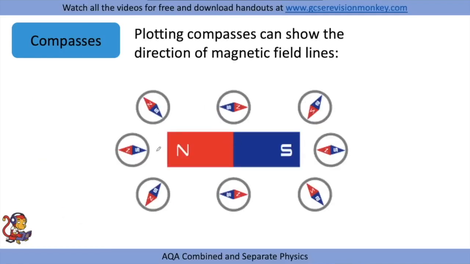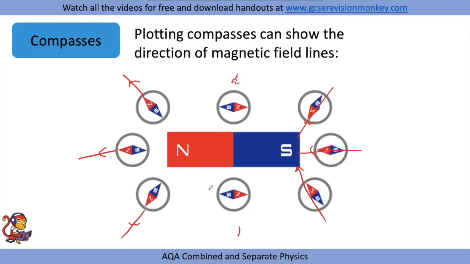If we put the plotting compasses around, you can see at this North Pole here, you've got the north part of the magnet being repelled and facing away, so that's going in this direction, out from the north. And at the South Pole, the north is attracted to the south, so that's going in towards the south. Then around the outside, you've got these plotting compasses here and here.